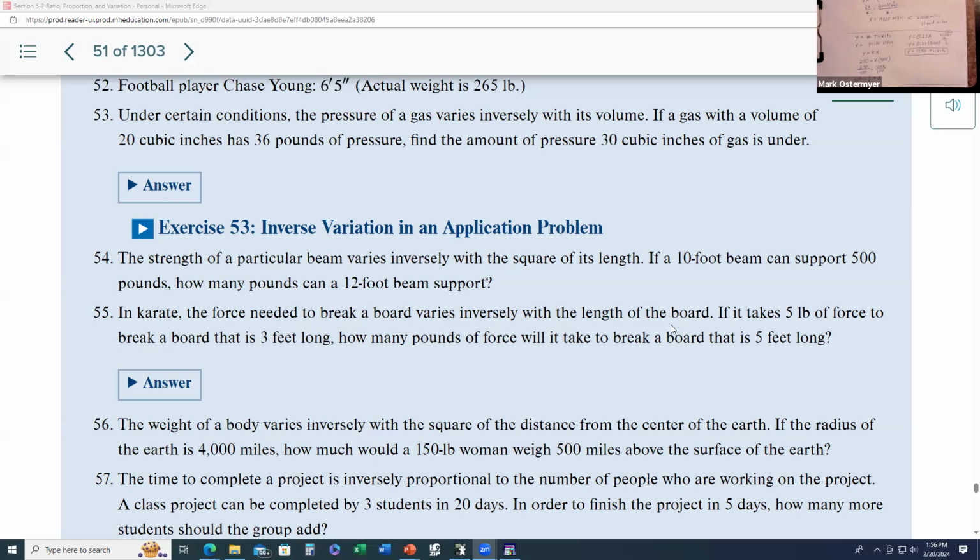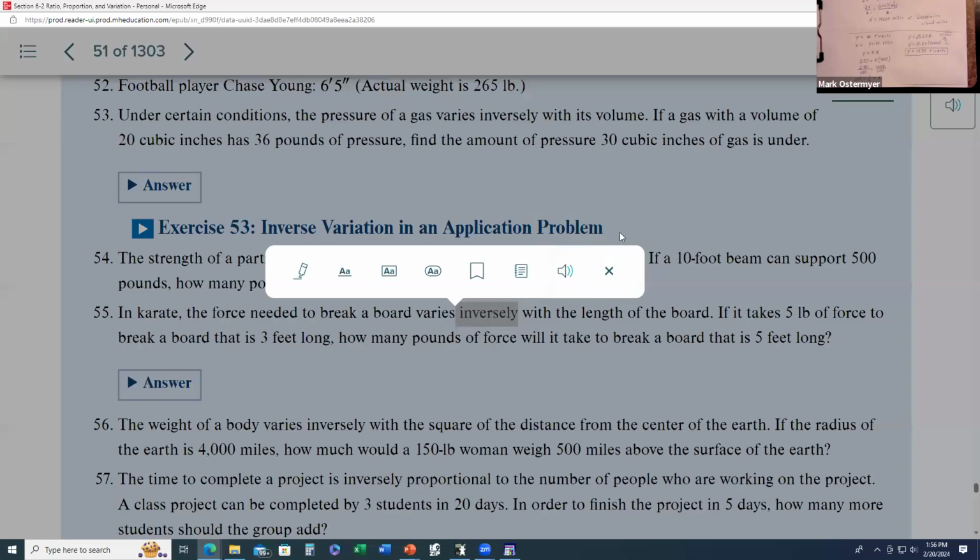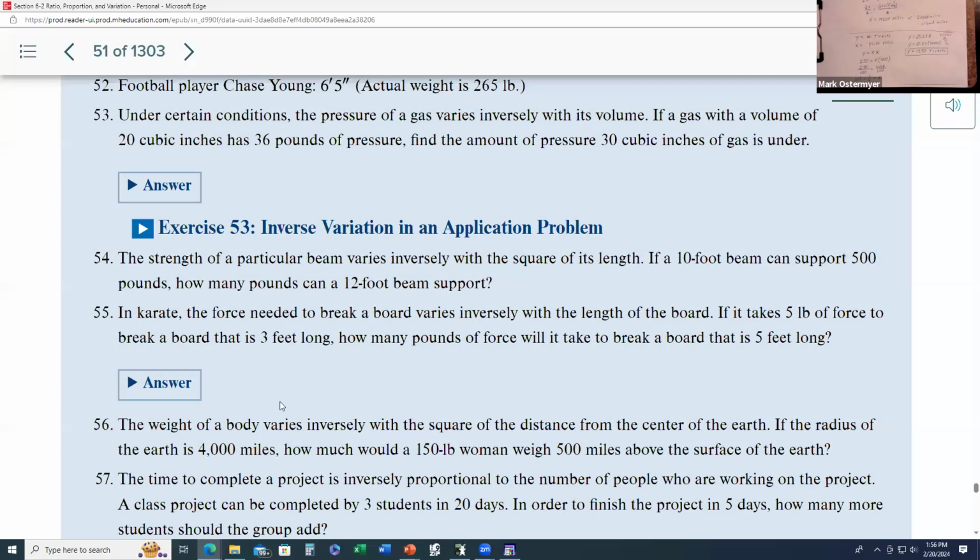If it takes 5 pounds of force to break a board that is 3 feet long, how many pounds of force will it take to break a board that is 5 feet long? Notice this is an inverse variation, okay? So see if you can set up an equation, ladies and gentlemen, involving an inverse variation, and let's see if we can use it to answer this word problem. We'll call it another class work, number 55. All right, go ahead and try number 55.